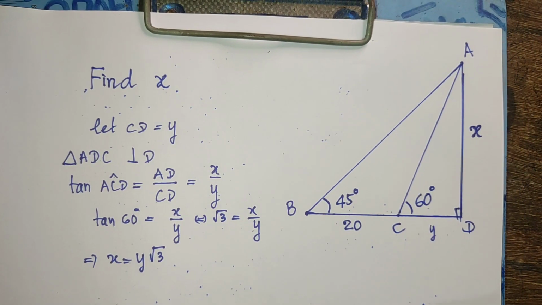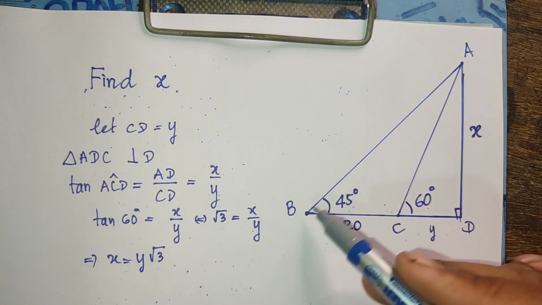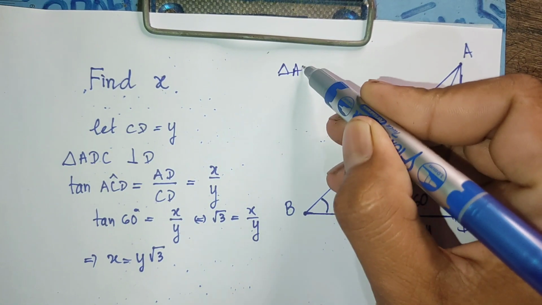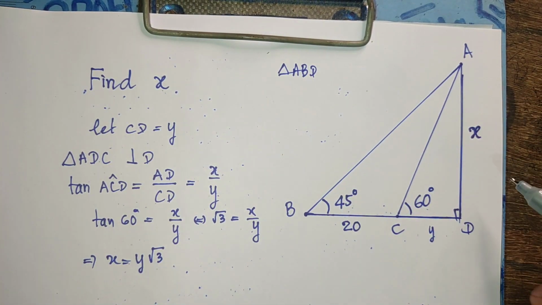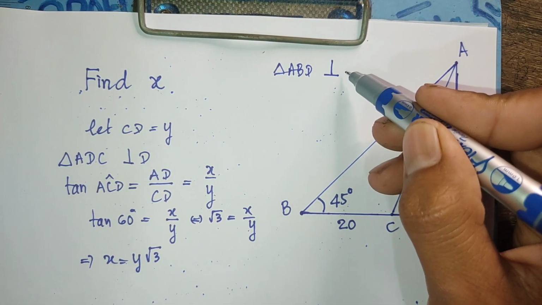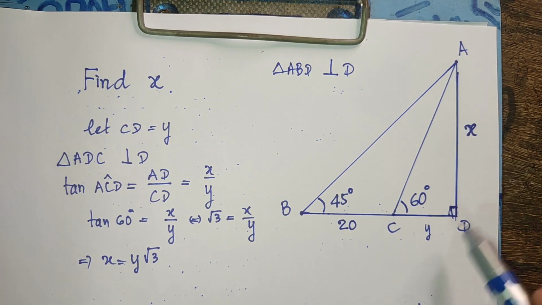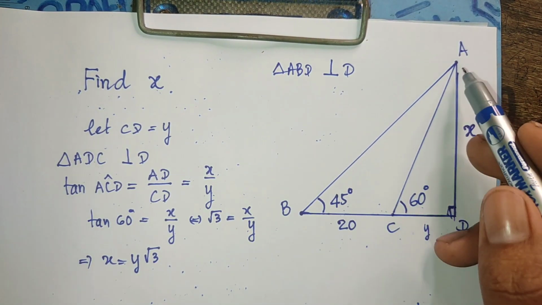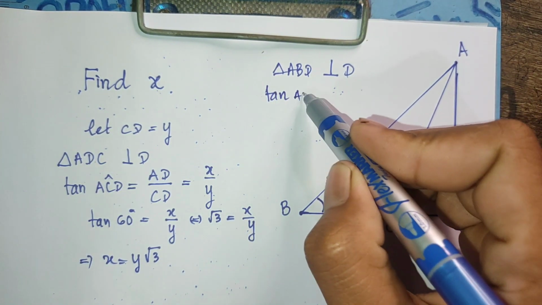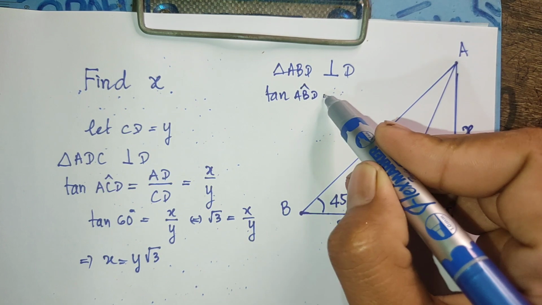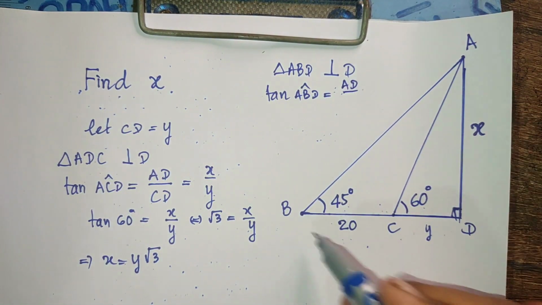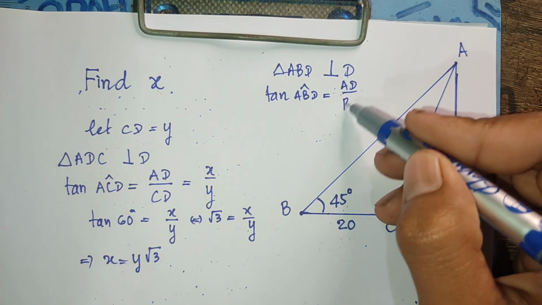And now we see in the triangle ABD. Triangle ABD is right angle at D. And so now we get tan of angle ABD is equal AD divided by BD.